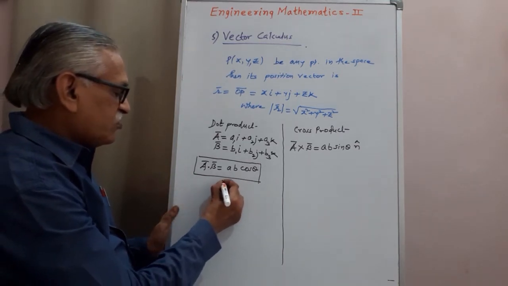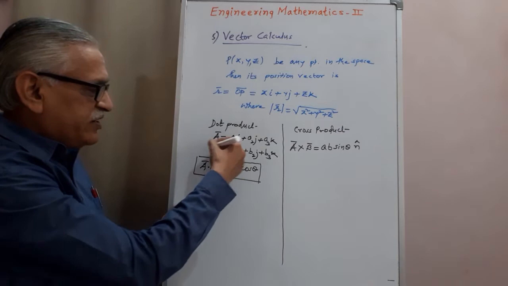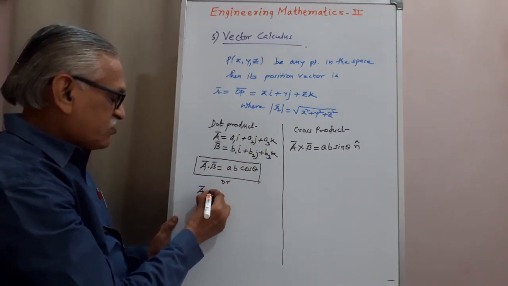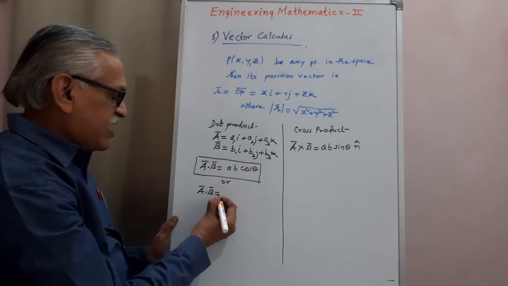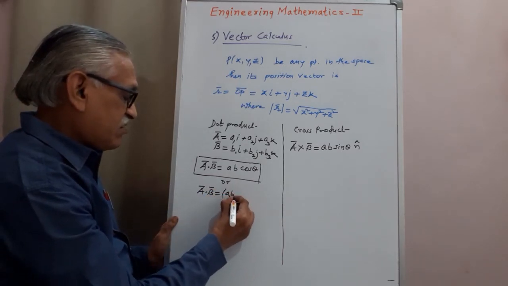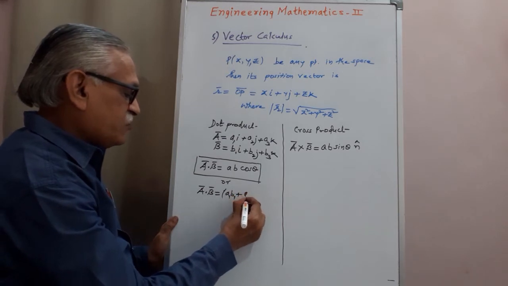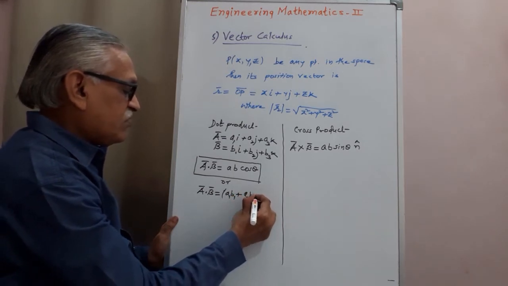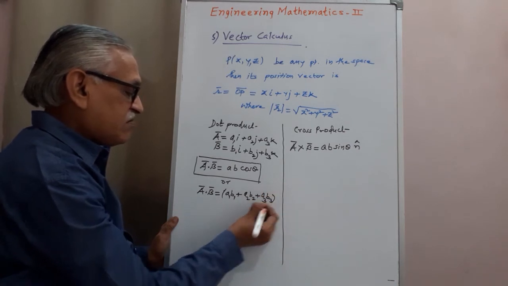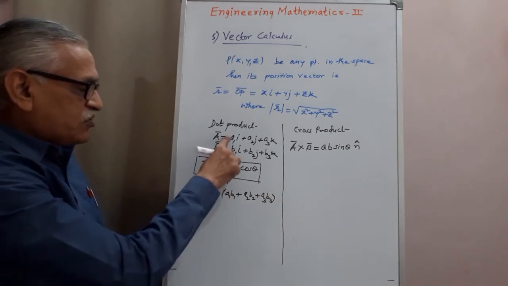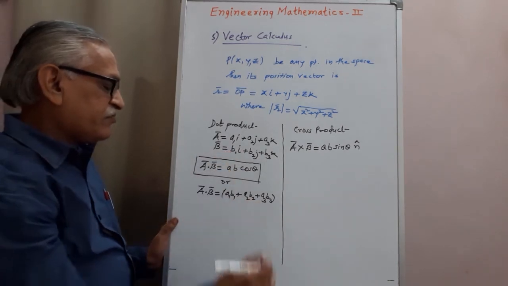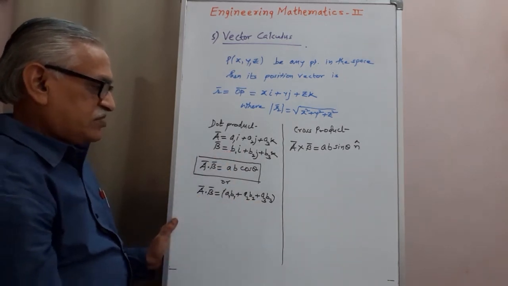If it is defined in terms of components, vector A dot vector B is given as A1 B1 plus A2 B2 plus A3 B3. By taking the product of the components and then summing them, we get the dot product.